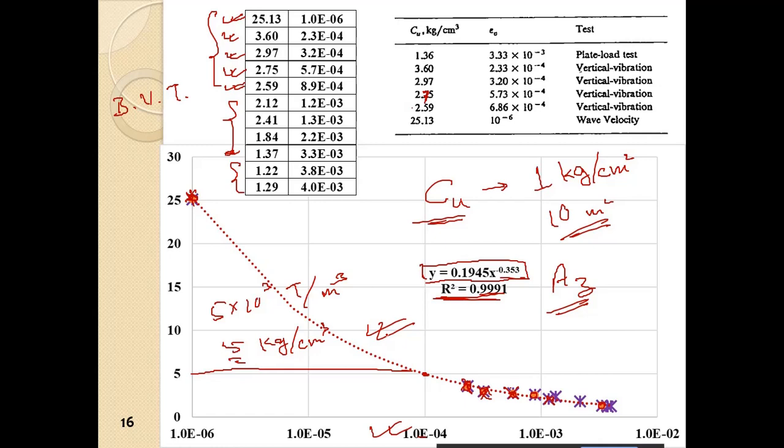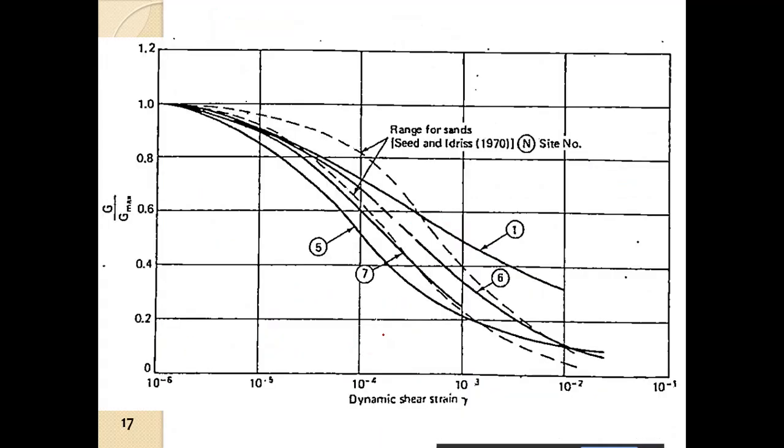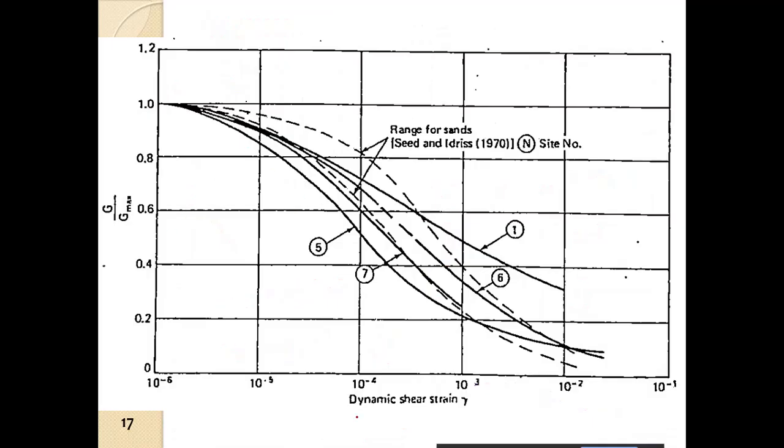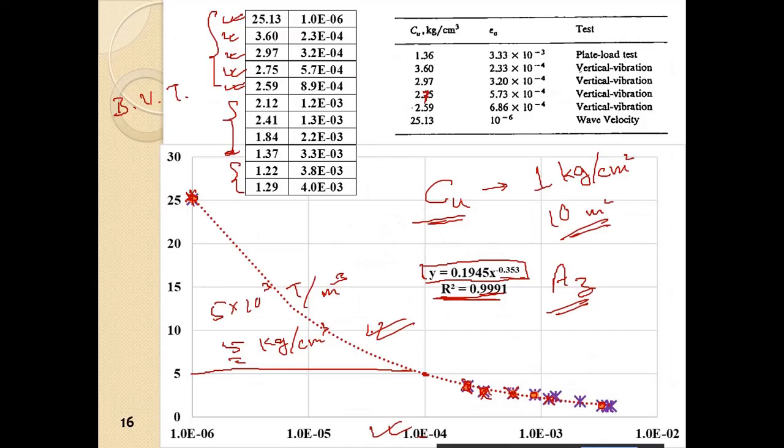Apart from that, here you see, obviously, with dynamic strain, stiffness decreases. So soil stiffness decreases, and obviously Cu will also decrease. This is what we found out here.